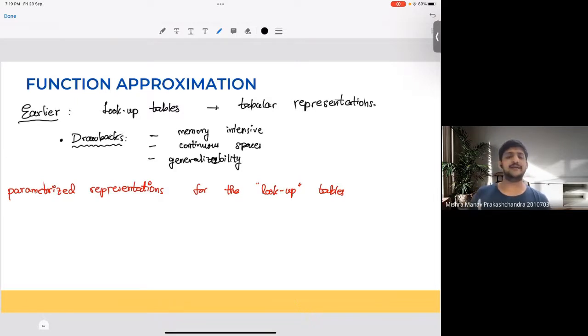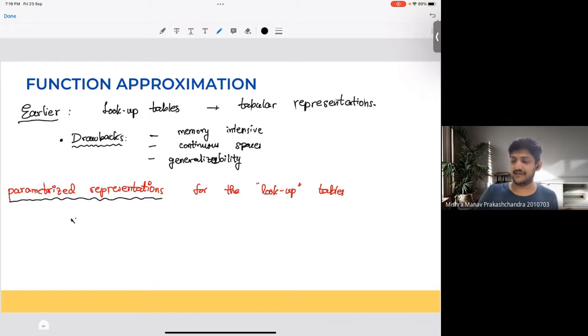So another way to look at this is something which we'll refer to as a parameterized representation for the lookup tables. So instead of having a lookup table, we would like to have some parameters from which we can estimate whatever value functions we have given the inputs, which are the states or the actions, right?